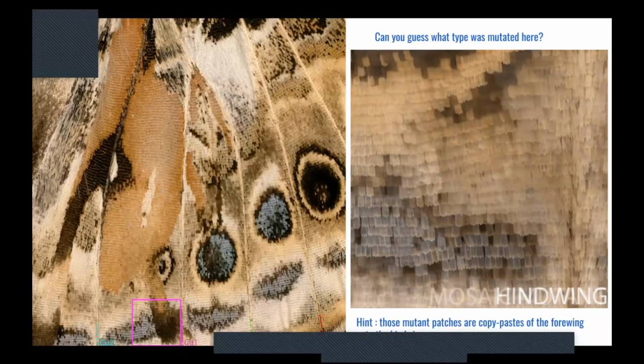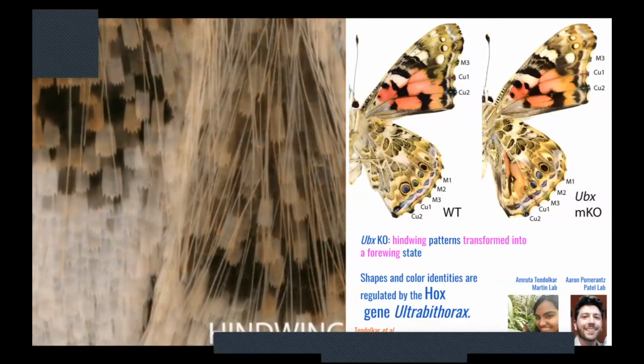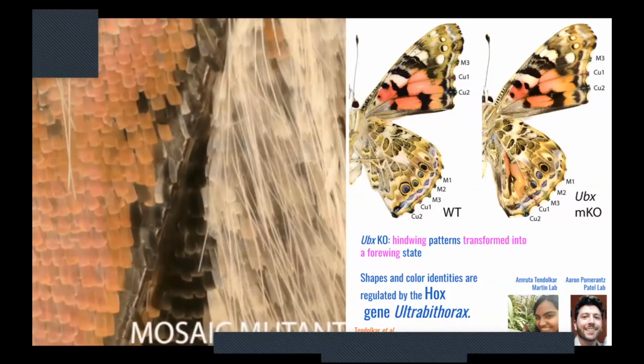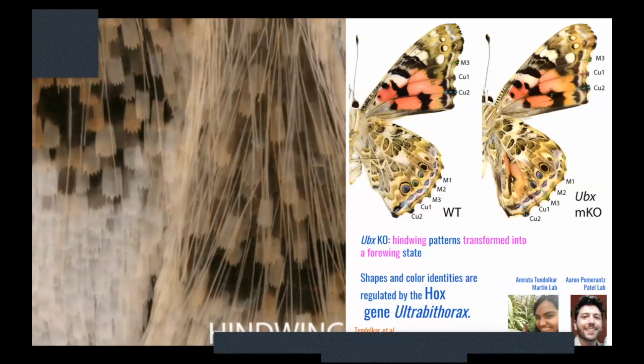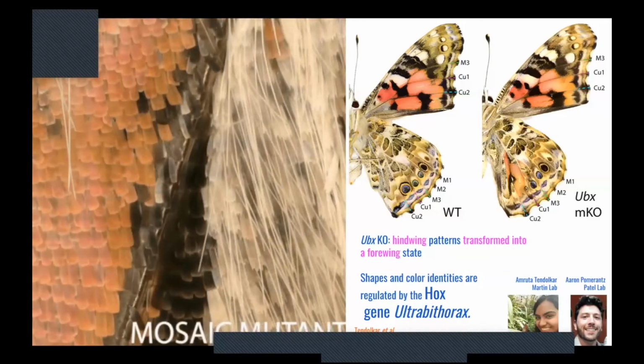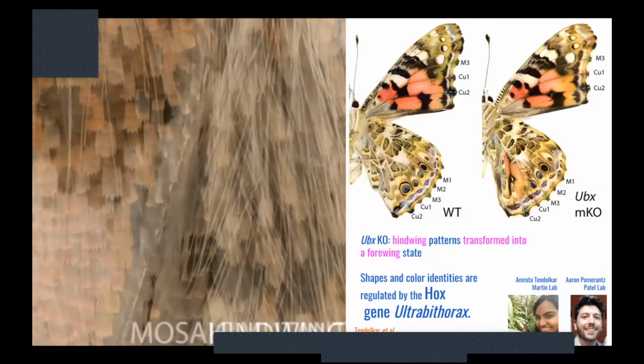So how do we make those kind of copy-paste effects between cell identities, right? And how do butterflies differentiate their anterior wing from their posterior wing? Well, very clearly they use the Hox gene Ultrabithorax, like in Drosophila.